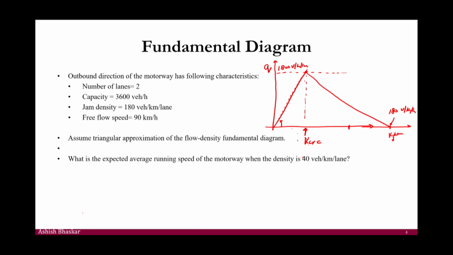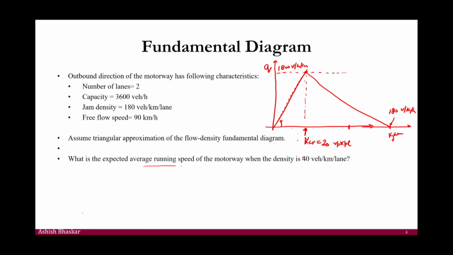So what is the value of the critical density? 20 vehicles per kilometer per lane. Do not miss per lane there. This is 20, right? Vehicles per kilometer per lane, right?